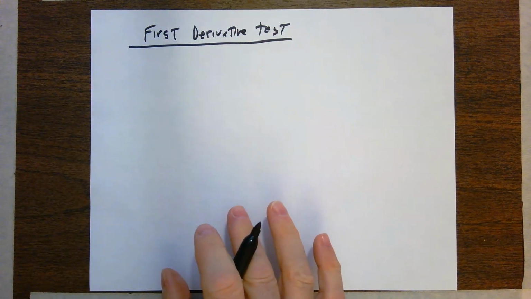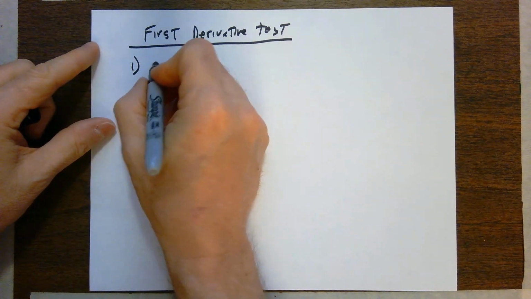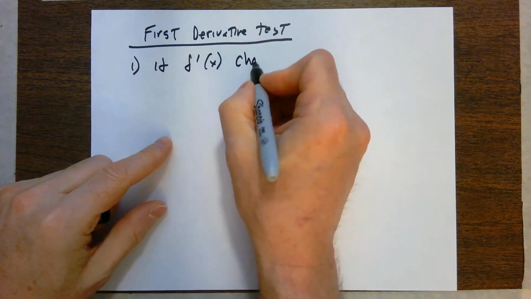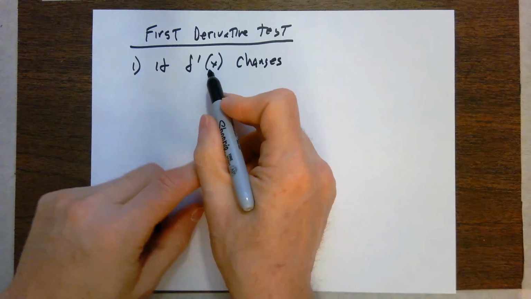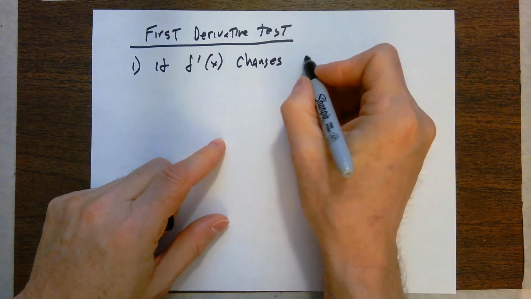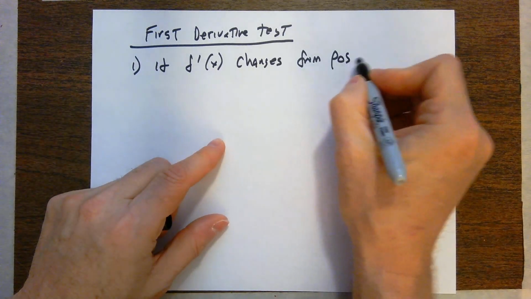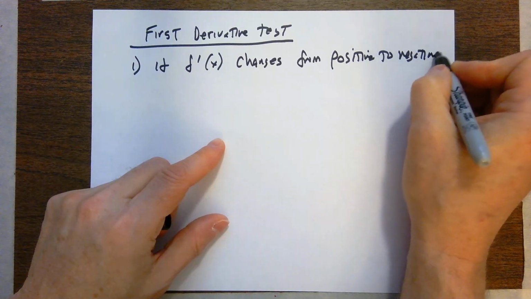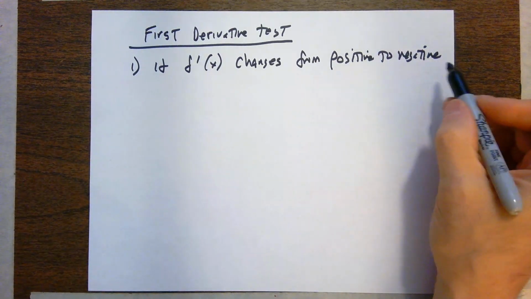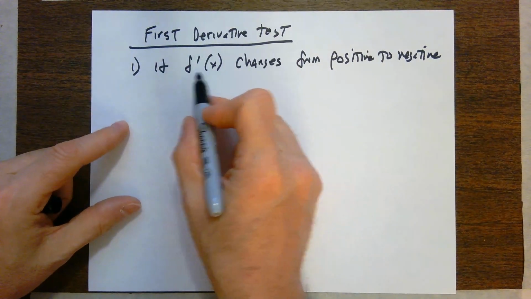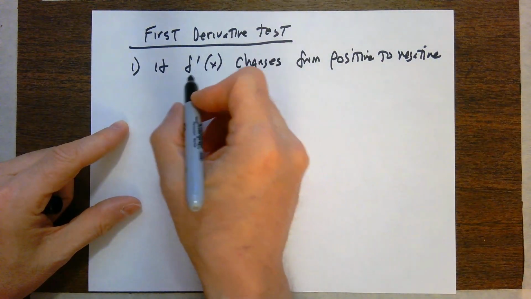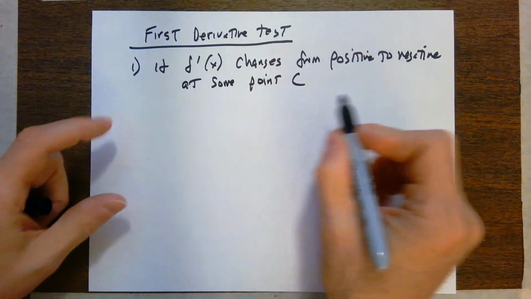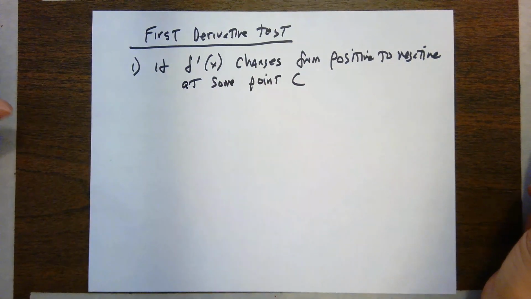Now the first derivative test tells me this. If the derivative of the function changes, so my derivative, the slopes of the tangent line, changes from positive to negative at some point C, then what's really going on at C?